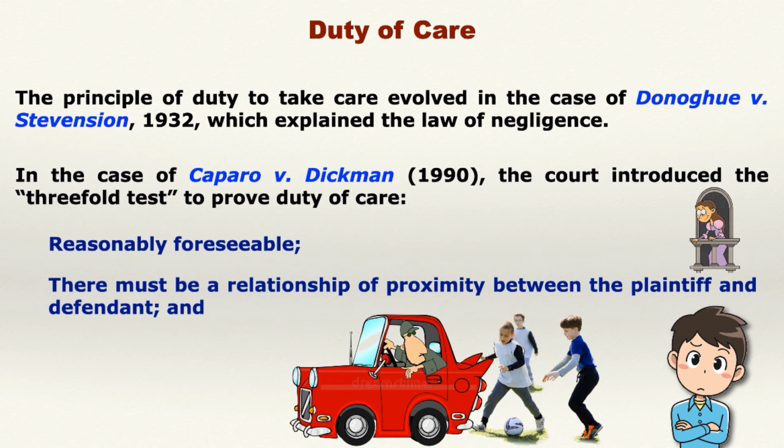But whatever wrong happened to that lady, the mother of that boy, he is not responsible, because that doesn't come under the relationship of proximity, because that is reasonably not foreseeable. Just check the first one, that is reasonably foreseeable. That is not reasonably foreseeable by that gentleman.